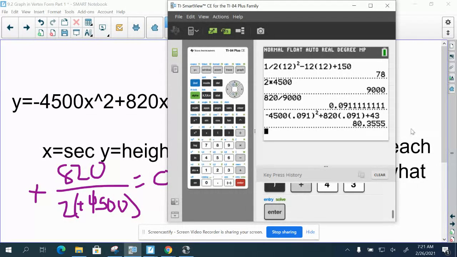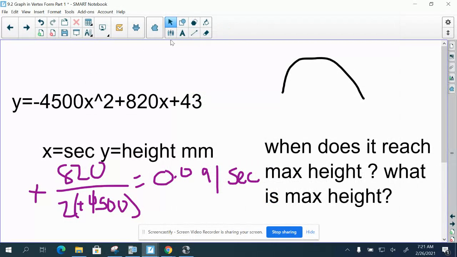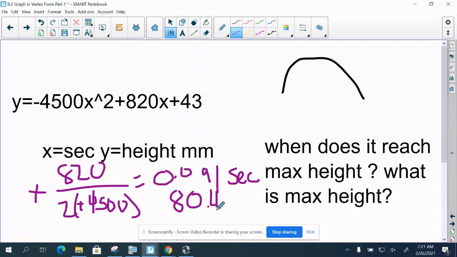And then you get 80.3, we'll call it 80.4 millimeters. Okay, so that would be the answer for that question.